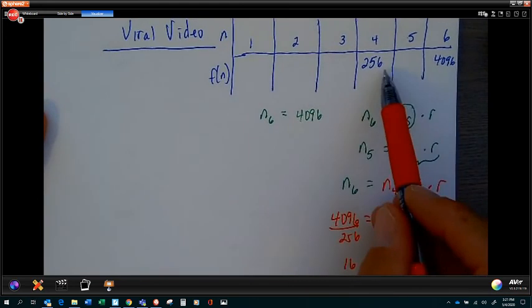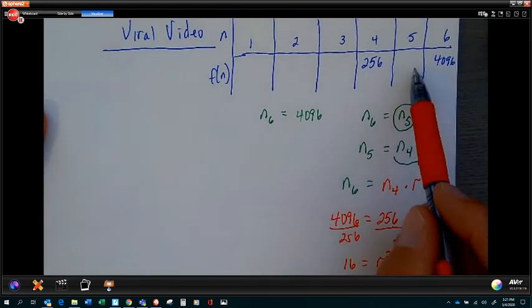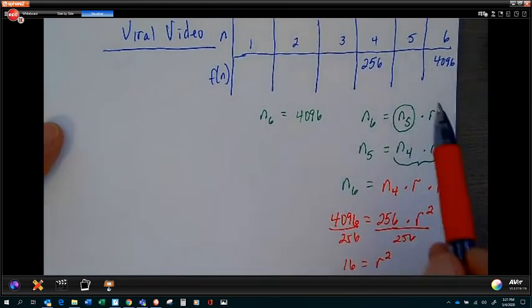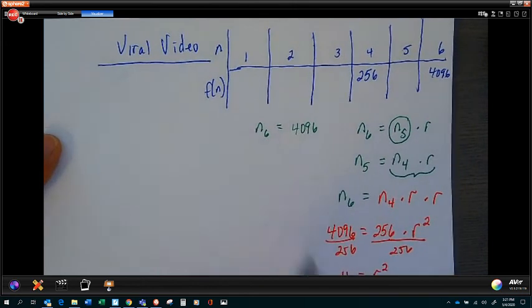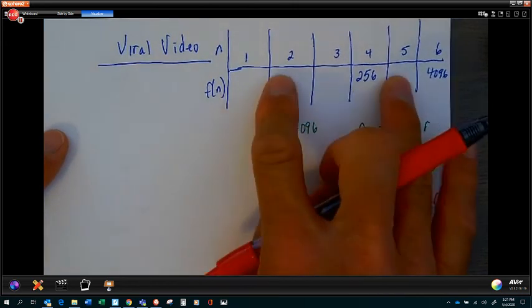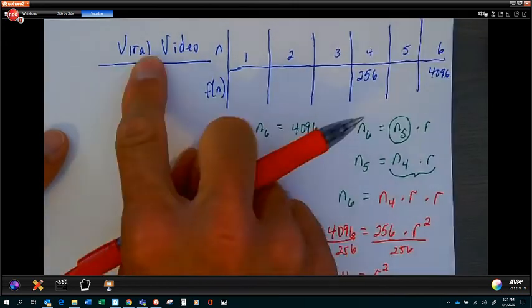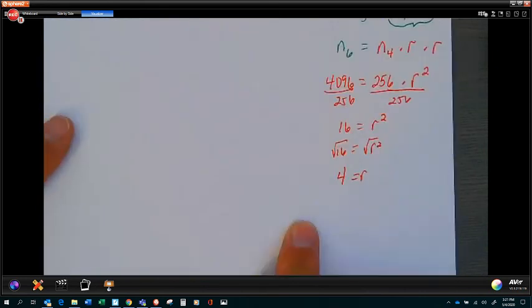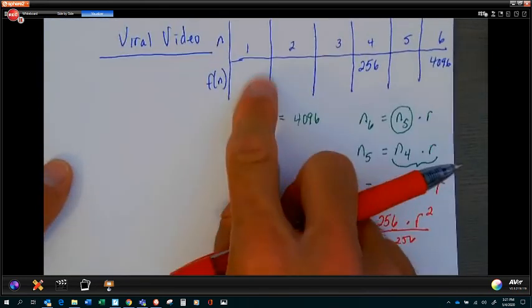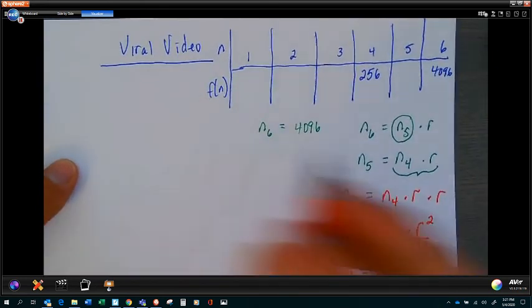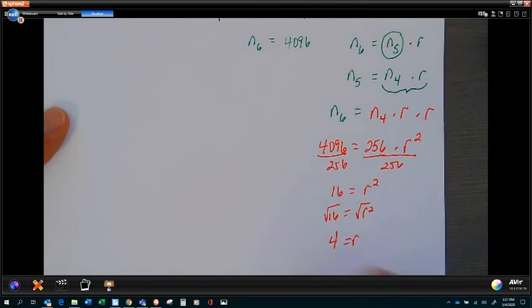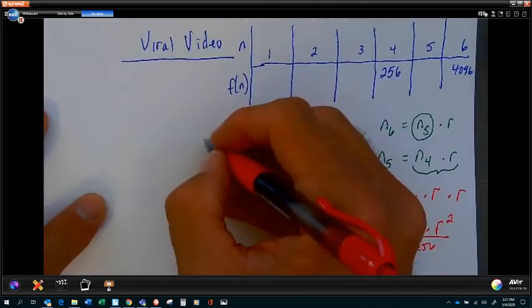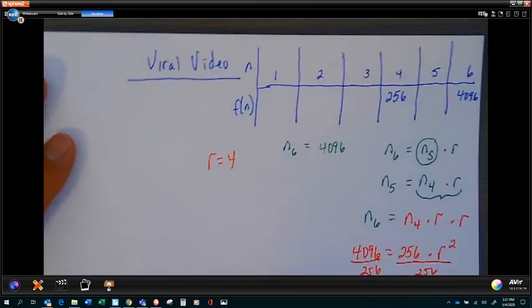If this was negative and I multiply it by negative 4, we could still get that these could be negative. But in this case, we know that we can't have negative responses for our viral video, so we're going to throw out all the negative responses because this is a real world example. So now I know my common ratio, which is 4. R equals 4. That's my first piece of information.